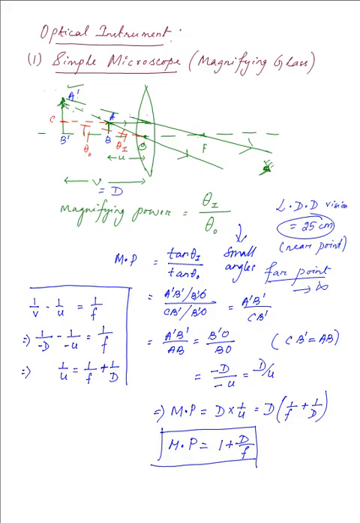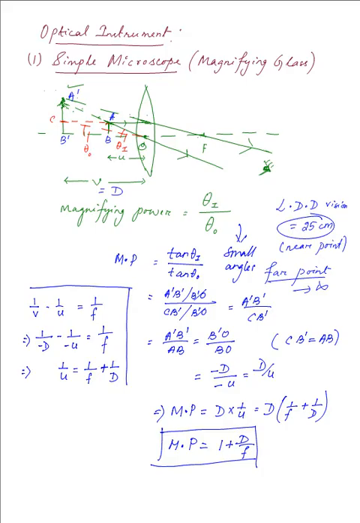They would have made a lens with a proper focal length by considering the curvature of both the surfaces by following the lens maker's formula. And they know very well the normal human eye has a least distance of distinct vision of 25 centimeters. Then the magnifying power can thus be determined, and they would have printed that on the package of the magnifying glass. So you just have to buy it. So now this is a fixed value.